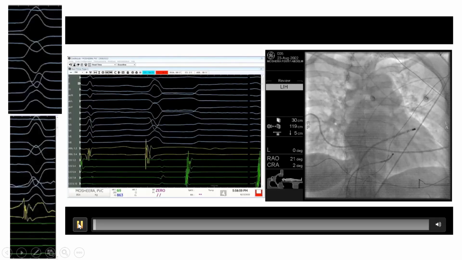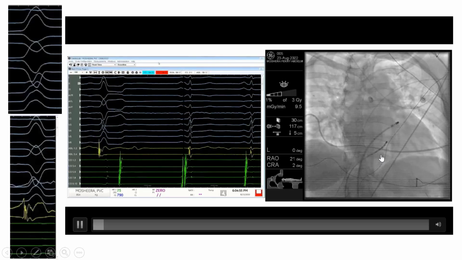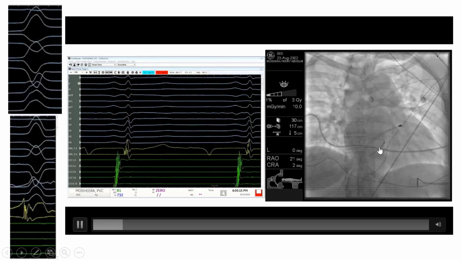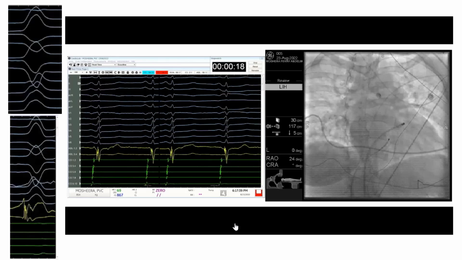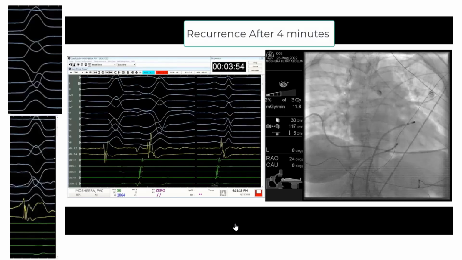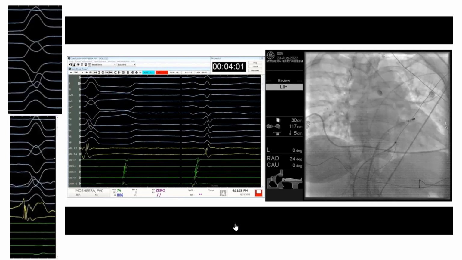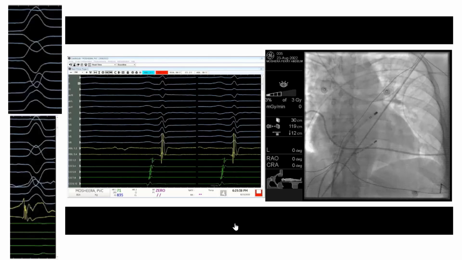Also we insert a decapolar catheter deeply into the coronary sinus and start to map the RVOT using the ablation catheter. We start ablation here with suppression of PVCs, then they recur again, so we do more mapping of the RVOT.